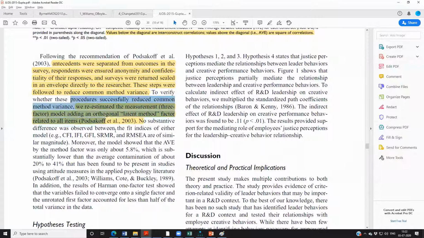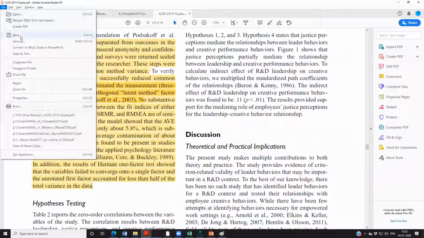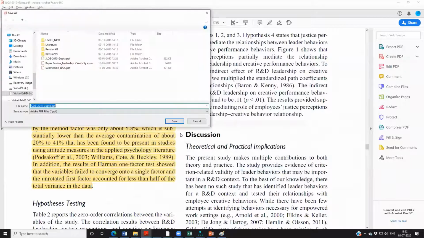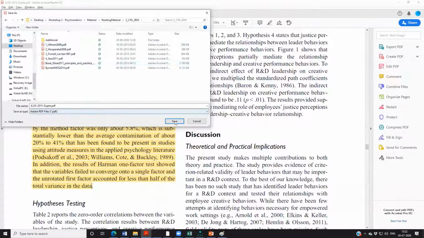So this paper actually talks about all of this: how do you tackle common method bias? But again, as I mentioned, this is not something I will cover. I will put this paper onto the shared folder for your reading, and you can have a look at it.